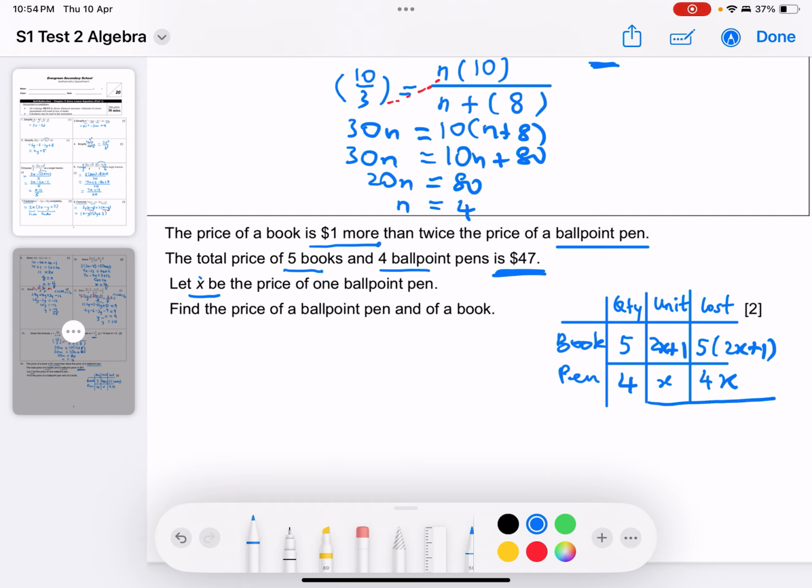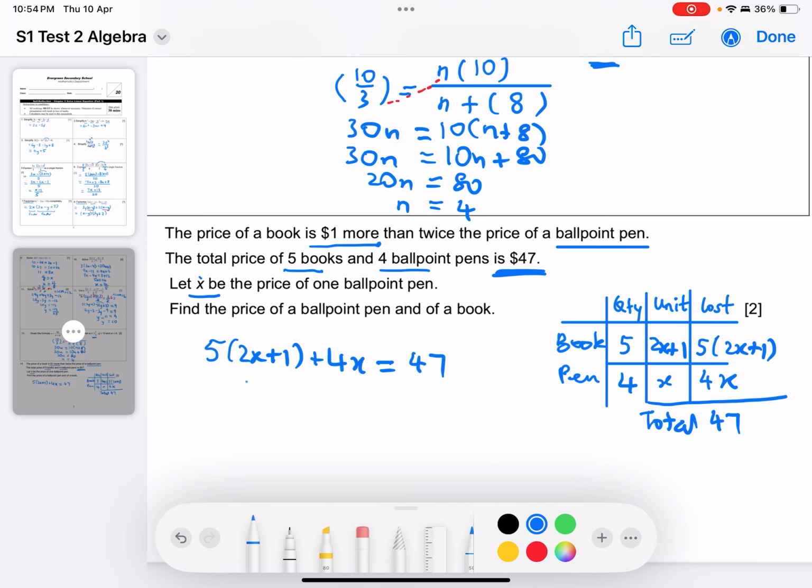And this gives us a total of $47. Okay, so that is where we form our equation. 5 times 2x plus 1 plus 4x equals to 47.